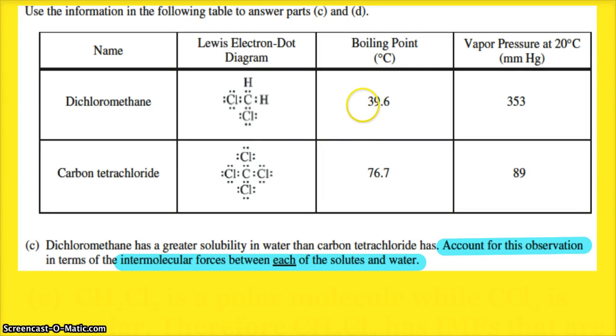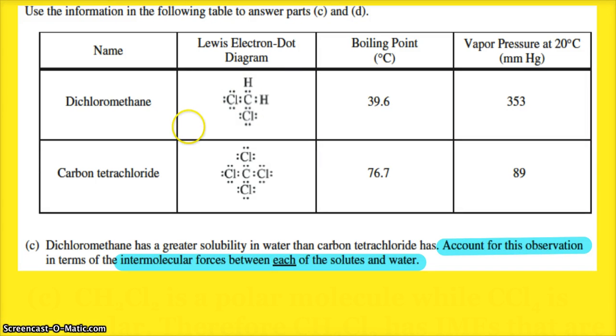Again, hopefully some things are floating through your head. Notice the boiling points, dichloromethane lower, and has a higher vapor pressure. So you have to look at the data and answer the questions based on the data. So it says dichloromethane has a greater solubility in water than carbon tetrachloride.